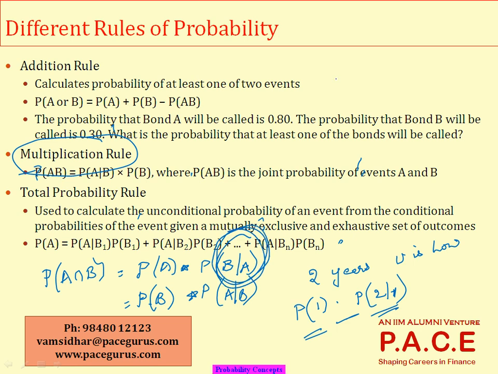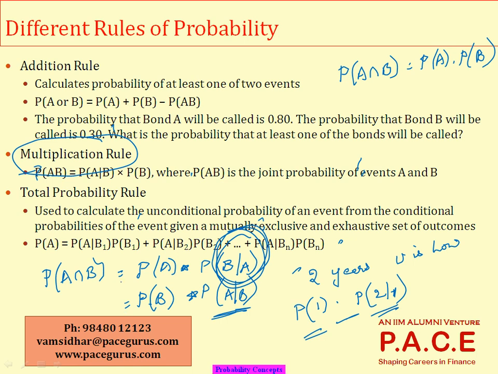In that case, P of A intersection B will directly become only P of A into P of B. If there is no dependency between the events A and B, then 'given A has occurred' has little importance, because B will occur irrespective of the result of A. In the same way in the next line, given B, what is the probability of A? Because if they are independent events, then obviously the occurrence of B does not have any kind of impact. So I'll directly go with P of A itself.